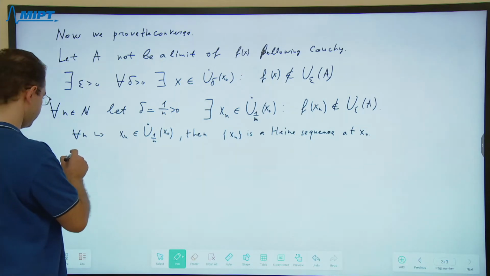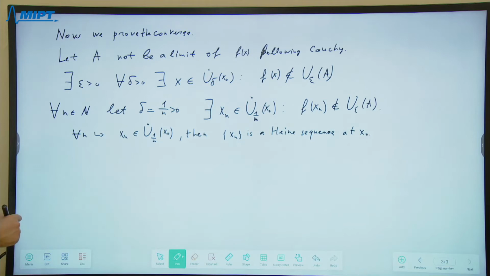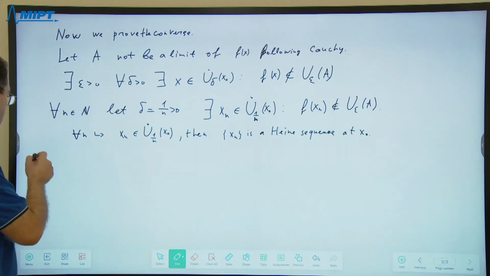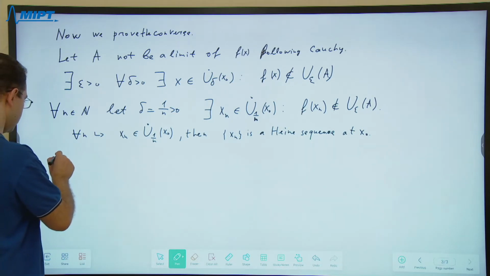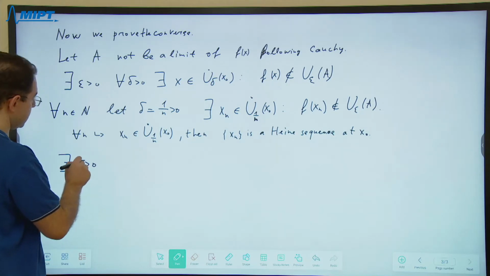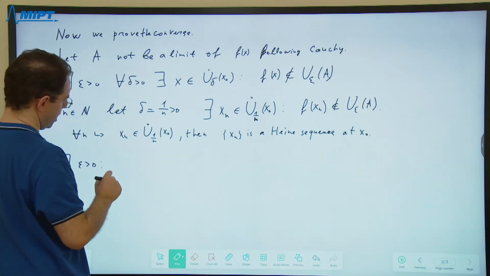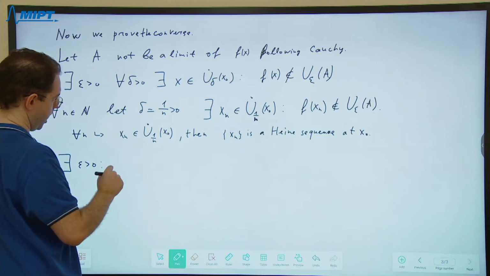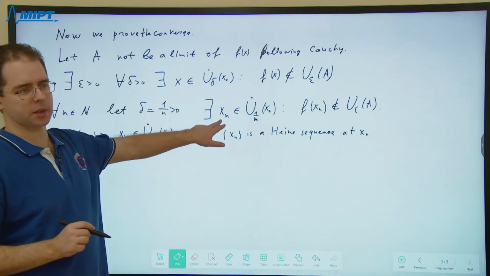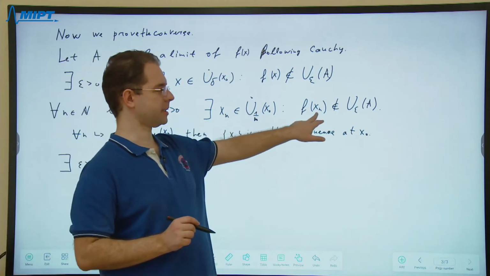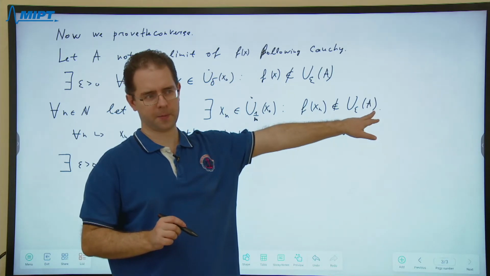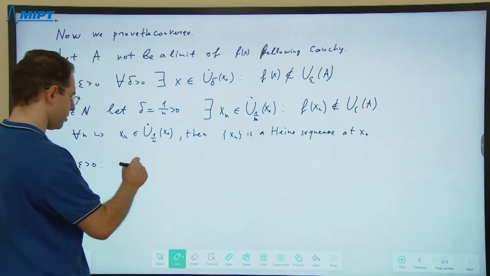Now, we know that there exists epsilon greater than 0, this epsilon, such that, look, I have constructed this sequence xn such that f of xn is not from epsilon neighborhood of A. So I'm going to write it down like that.